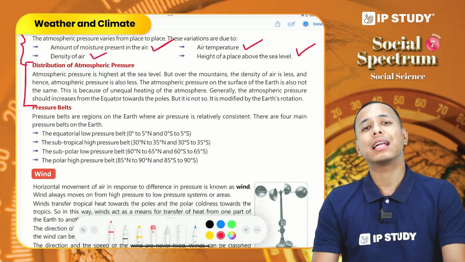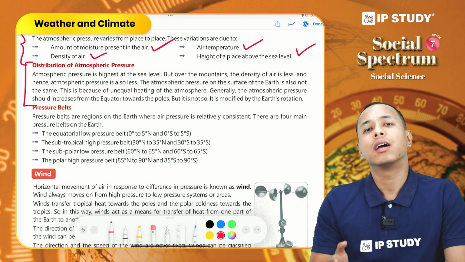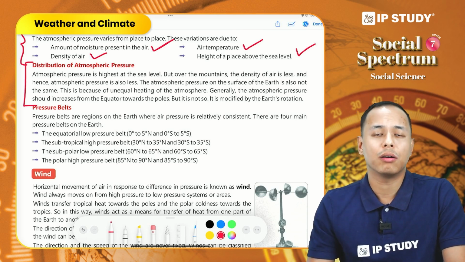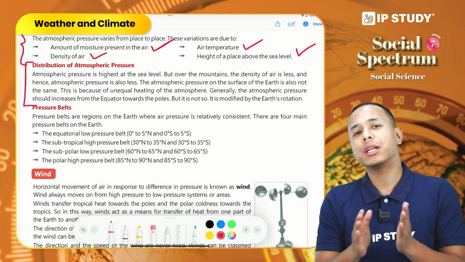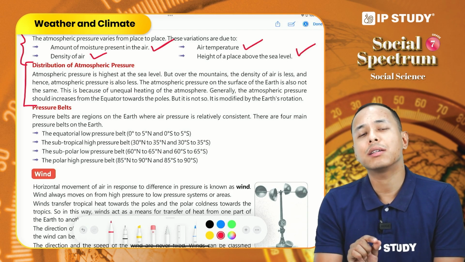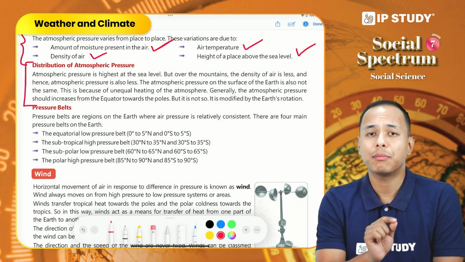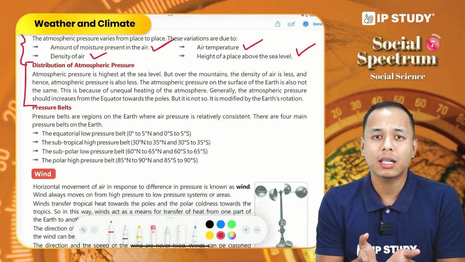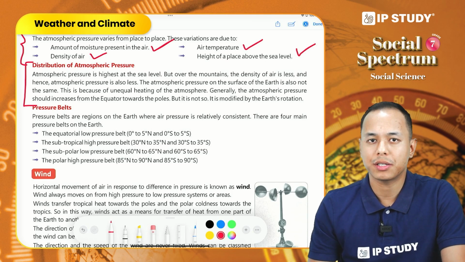It is highest at sea level, and with the increase in elevation or altitude, the atmospheric pressure becomes less, because in mountainous regions where the elevation is high, the air is thin, and since pressure is the weight exerted by the air, less air means less weight or less atmospheric pressure.